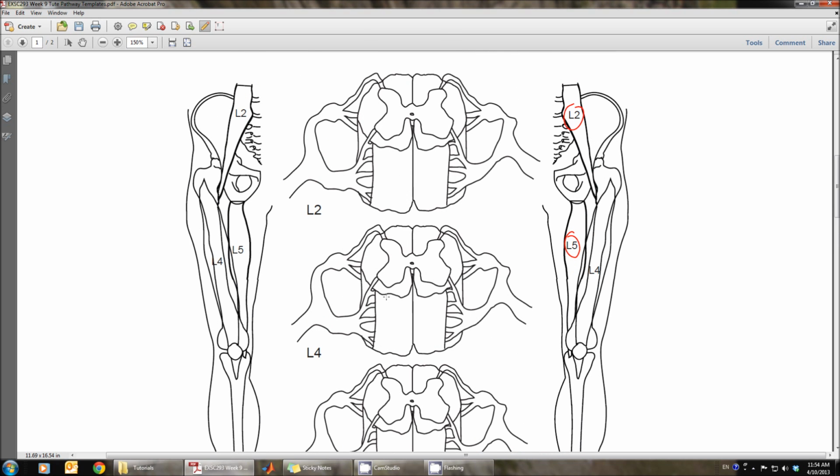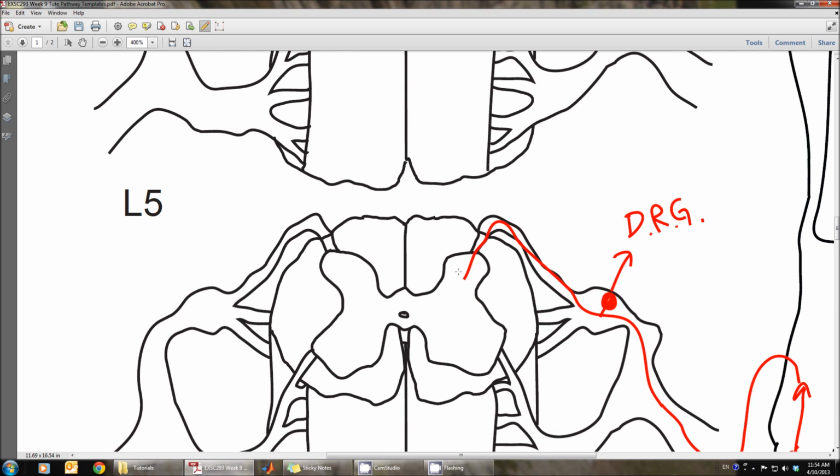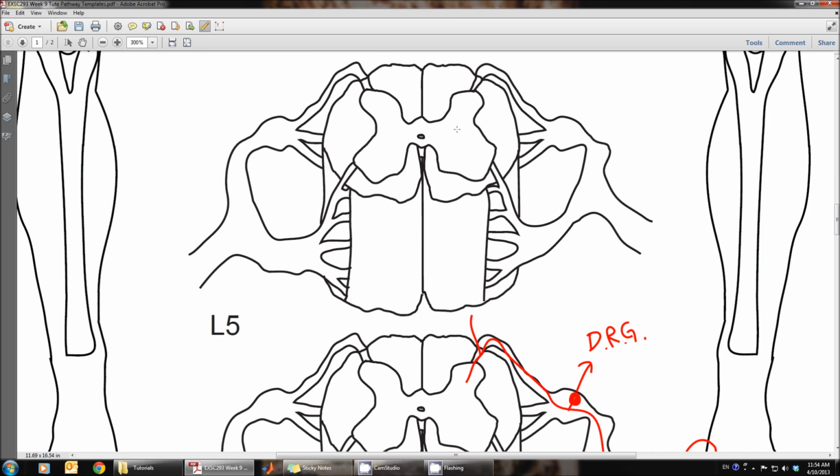So how do we do this? Very simple. We just make another branch of this primary afferent. The fancy term for that is bifurcation. So that's one branch, and link to the L5 region for hamstring. So we'll just link this axon, and that axon will travel through here and synapse with an interneuron.